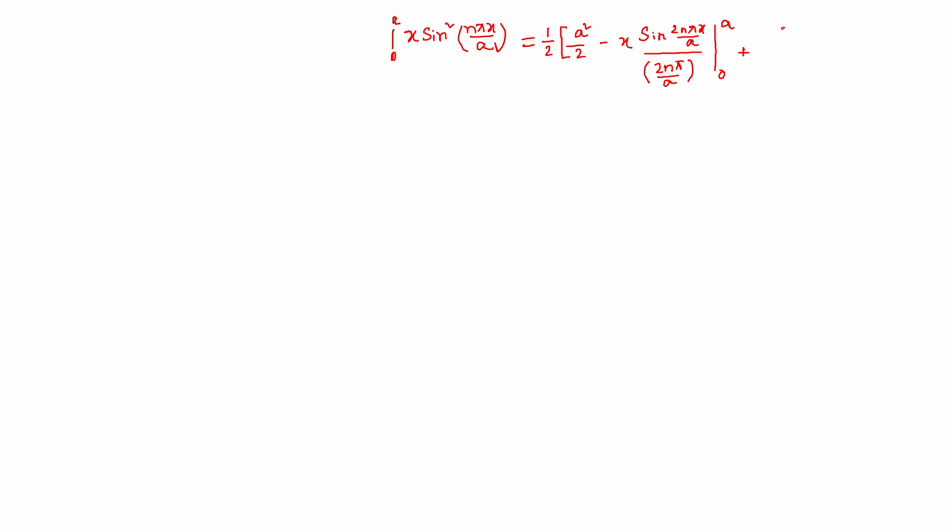Okay, this one is fine. Now you know the Boltzmann distribution. What does it say? It says that N1 equals N0 e to the power minus E1 by kBT.